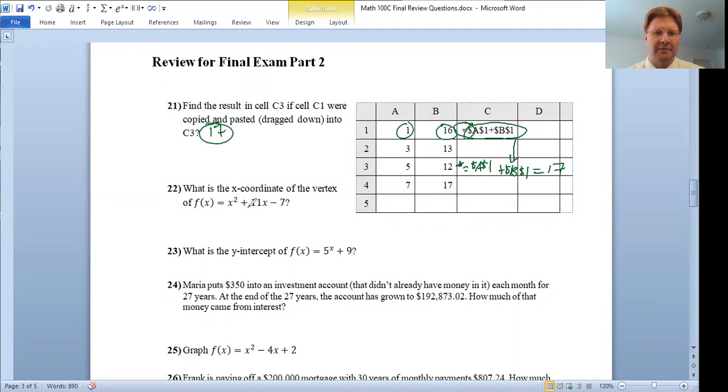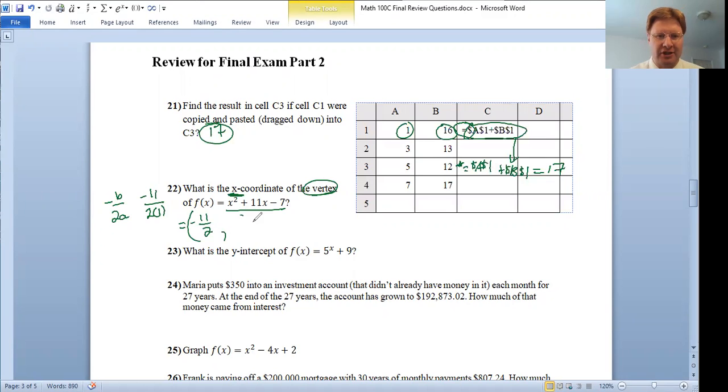Good deal. Number 22, what is the x coordinate of the vertex of f of x equals this? So the vertex starts off with negative b over 2a. So that's negative 11 over 2 times 1. So negative 11 halves.